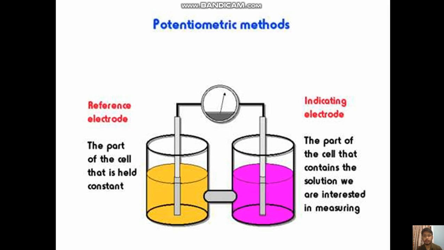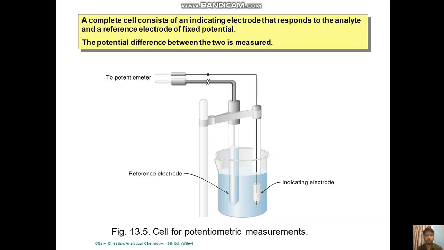So this is the potentiometric method where the reference electrode is the part of the cell that is held constant, and we dip the reference electrode there. In the part of the cell that contains the solution we are interested in measuring, we dip the indicating electrode, that means the indicator electrode. You can see here this cell of potentiometric measurement.